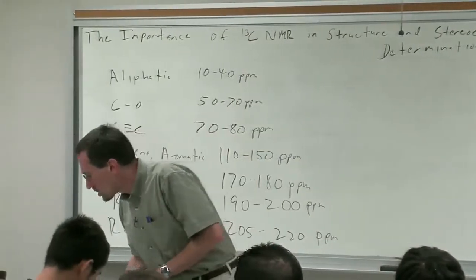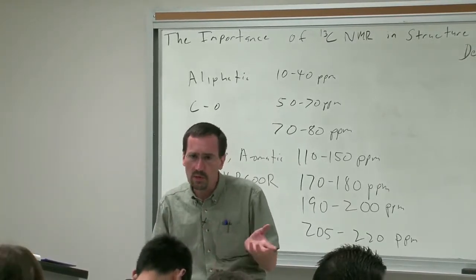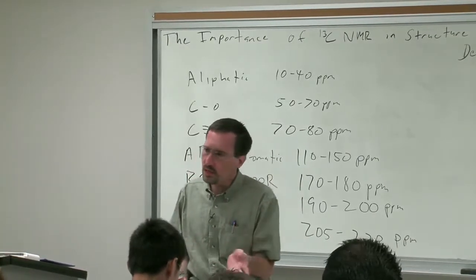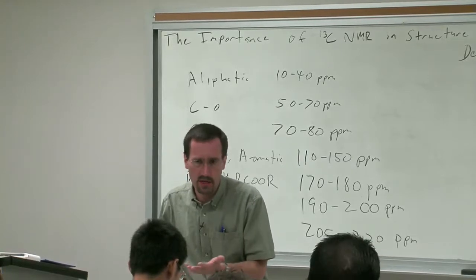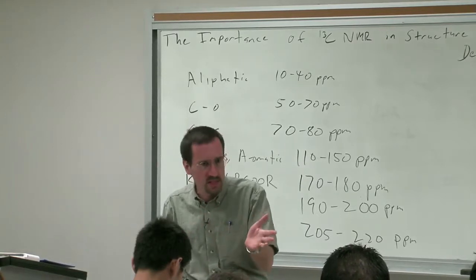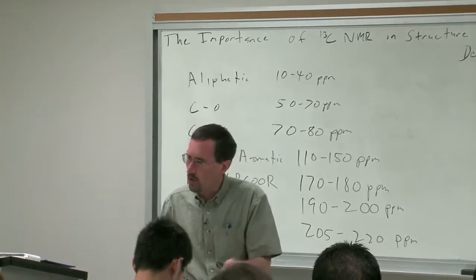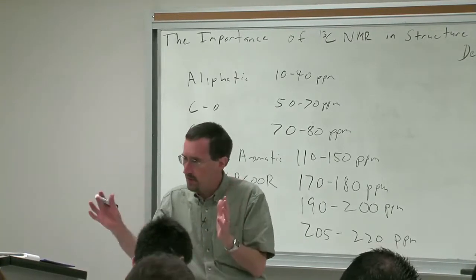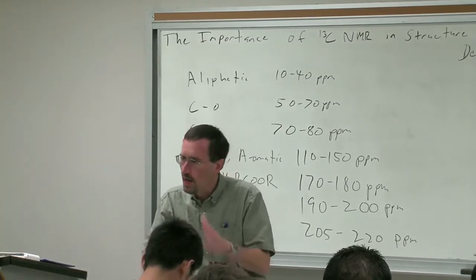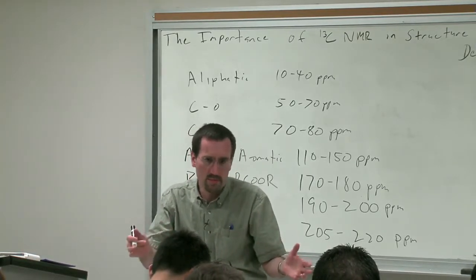Now, C13 shifts have a bigger range, and there's also more richness. When we talked about proton NMR, it was pretty easy, and we came up with really simple back-of-the-envelope calculations where you could typically peg the chemical shift to within a few tenths of a ppm. If you're next to an ester or an oxygen, figure you're about 2 ppm downfield of where you'd normally be. If you're next to a benzene ring, a double bond, or a carbonyl, figure you're about 1 ppm further downfield.